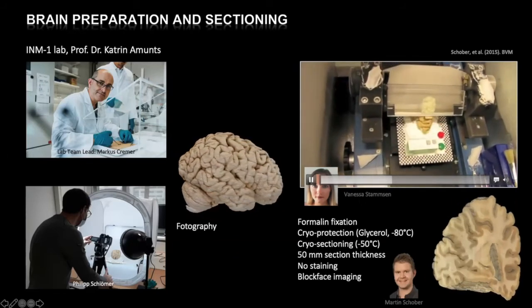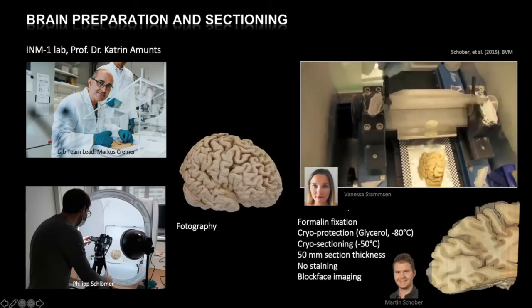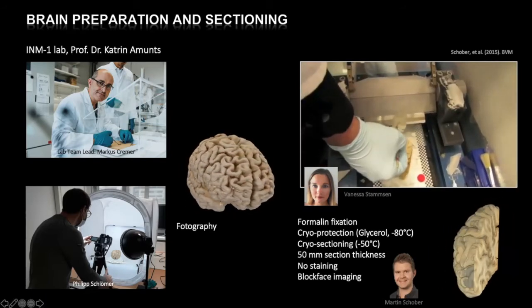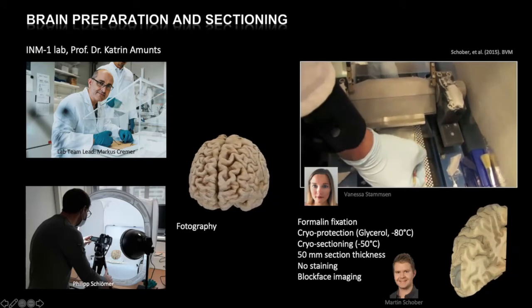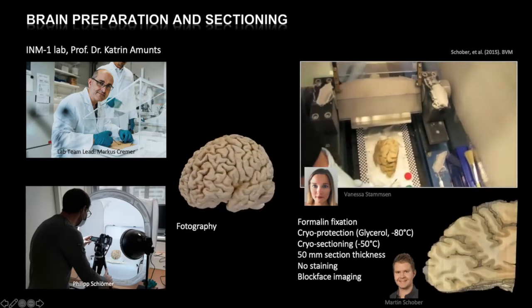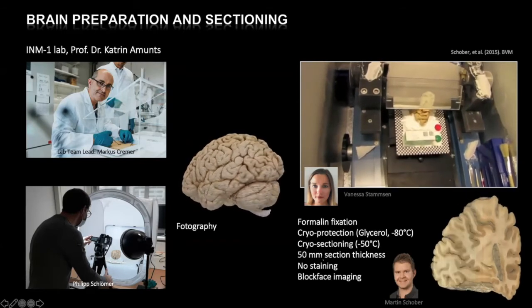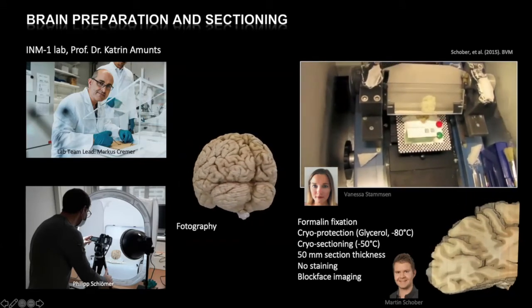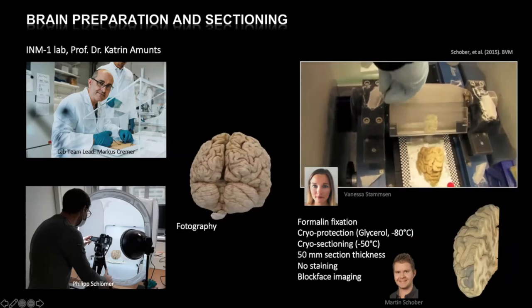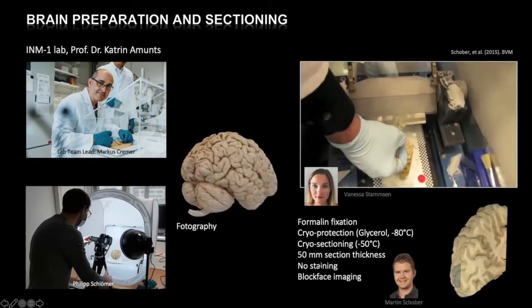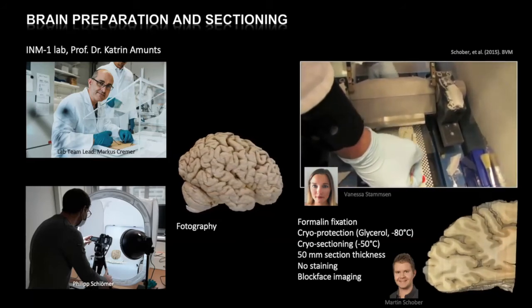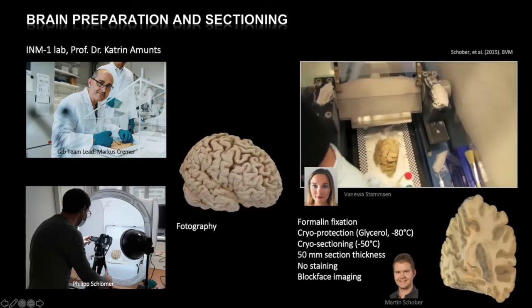We typically cut the brain into 50 micron sections, not millimeter thick sections, micrometer sections. We do not need any staining because we want to use the birefringence of the fibers for giving contrast to them.